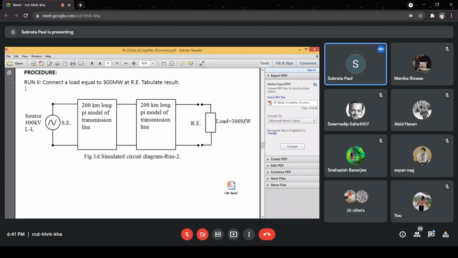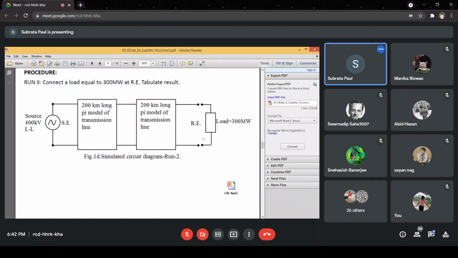Then we come to the case when the line is loaded by less than SIL. A 300 megawatt load is connected to the same line, same supply. Obviously, 300 megawatt is less than SIL, because SIL is almost 600 megawatt.